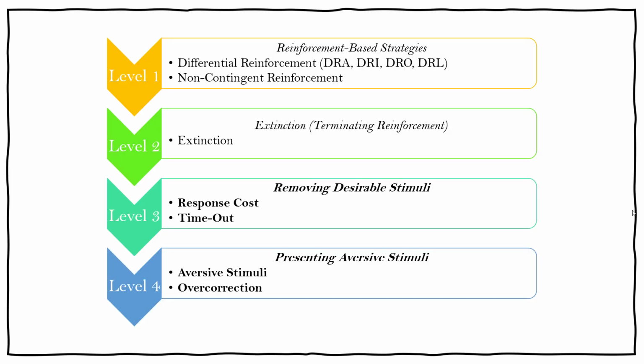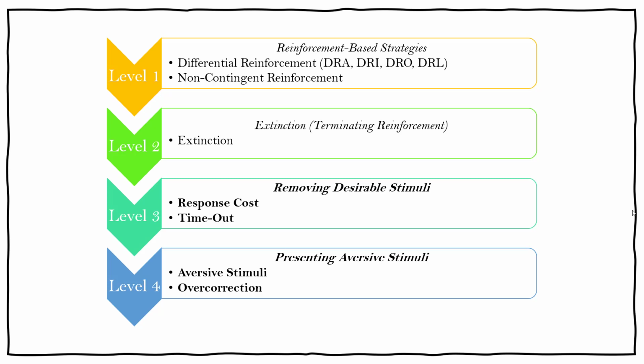So before we get started, remind yourself of our 4 levels of strategies to arrange an environment to decrease behavior. First is level 1, so you want to implement some type of reinforcement-based strategy. If those strategies don't work, you can go to level 2, so terminating reinforcement or extinction.